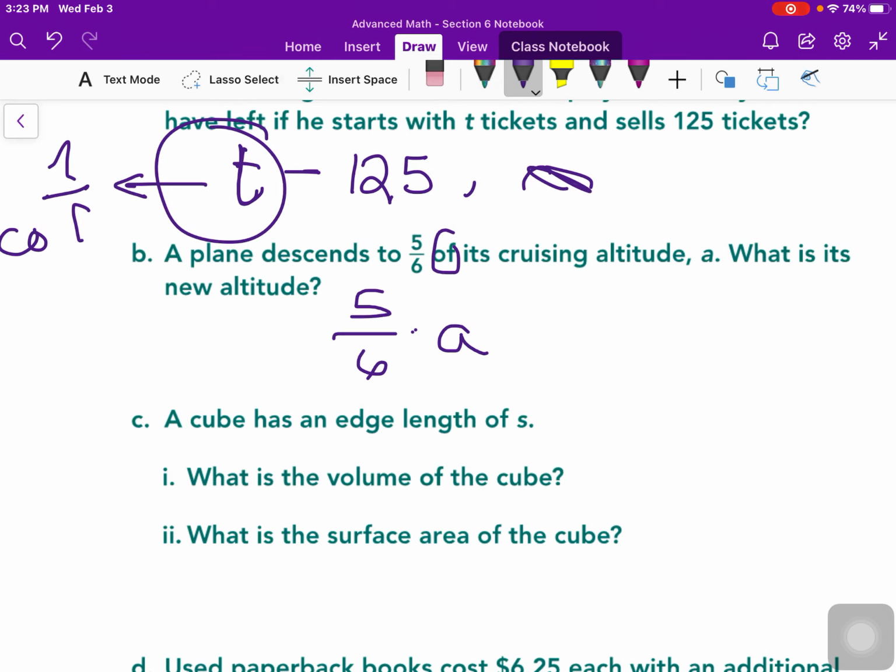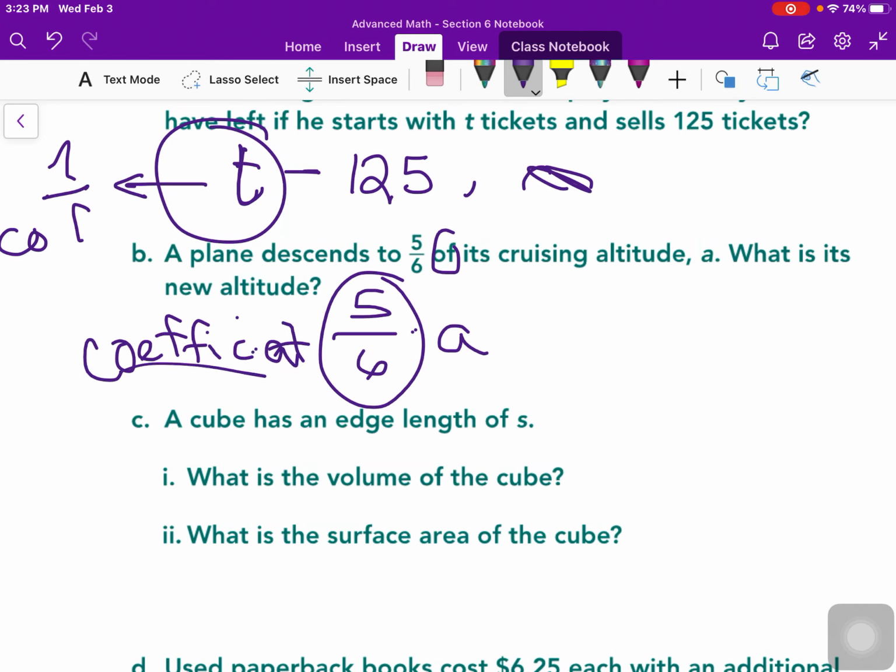What's the coefficient? This is going to be the coefficient. Sorry, my handwriting's really bad when I have to write with my finger, because that's what's being multiplied by A.